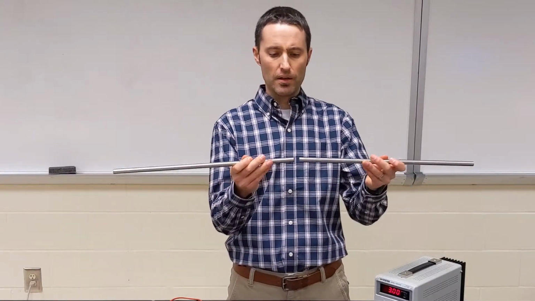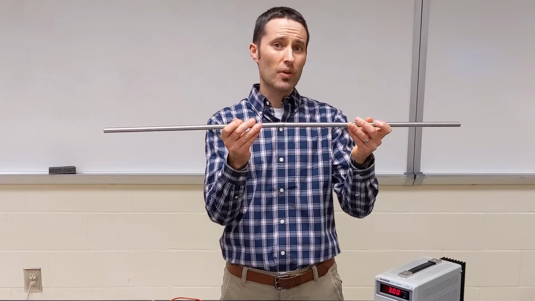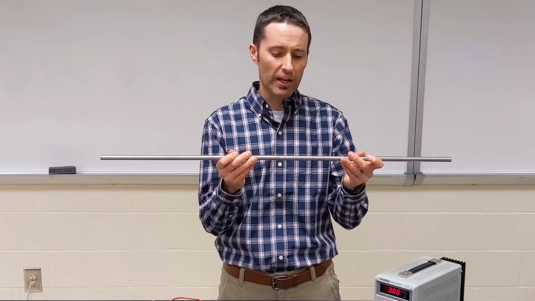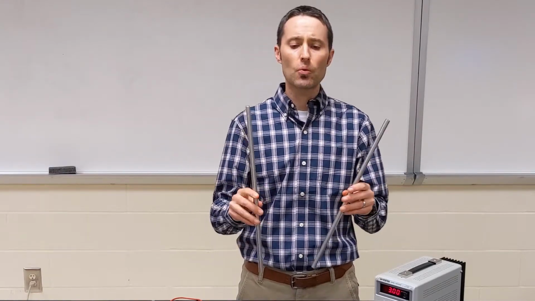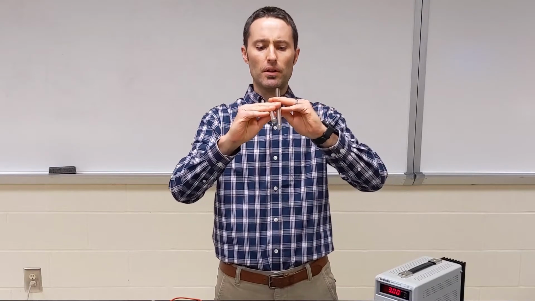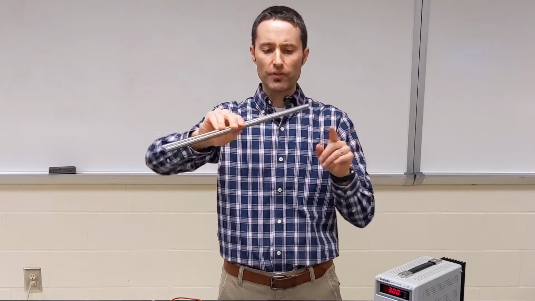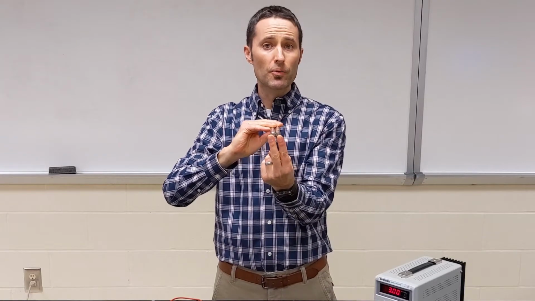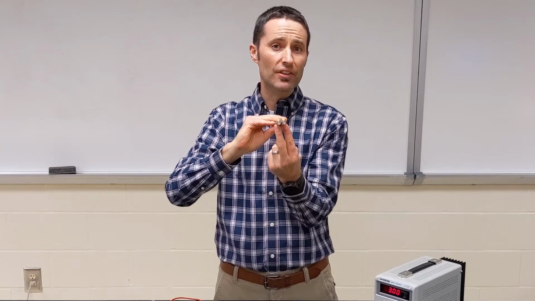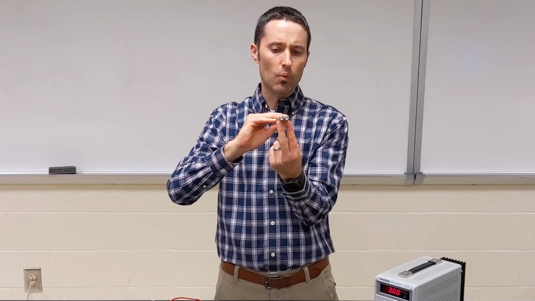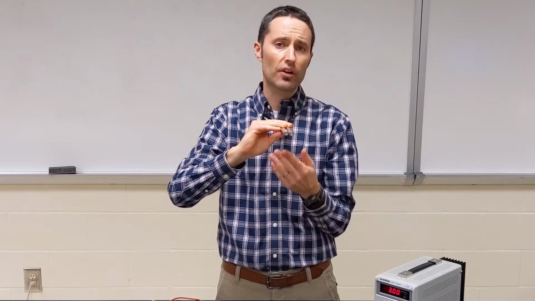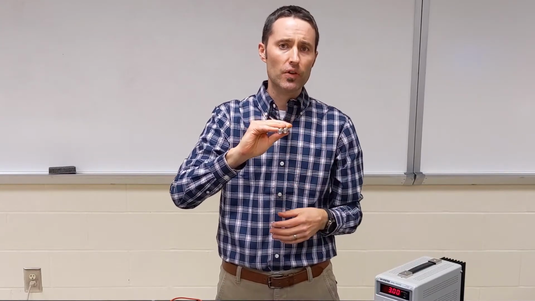If we had 2 wires in series, we're effectively increasing the length of that conductor. Or if we take 2 wires and put them in parallel, we're effectively increasing the cross-sectional area of that wire, to allow current to flow through it.